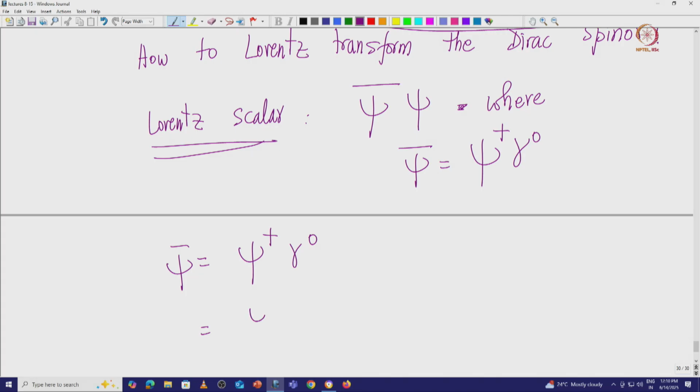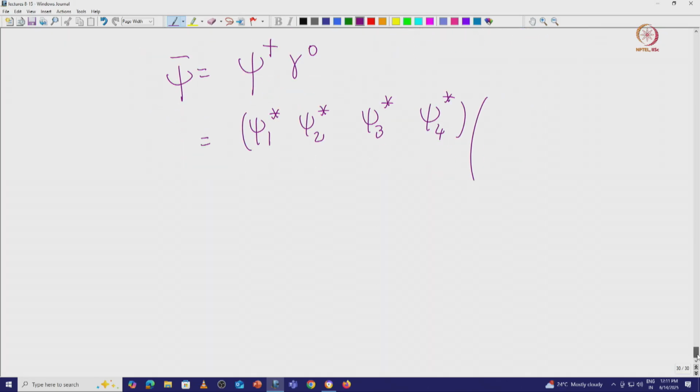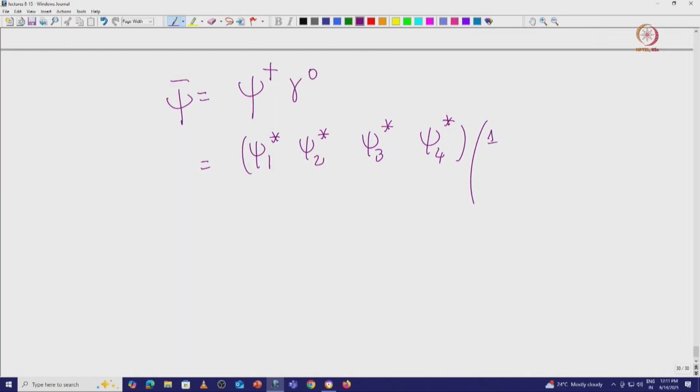So that is equal to psi 1 star, psi 2 star, psi 3 star, psi 4 star, whole into gamma 0, which is nothing but beta, which is the matrix 1 0 0 0, 0 1 0 0, 0 0 minus 1 0, 0 0 0 minus 1, then into psi. Now you can calculate this quantity essentially. So it gives you a minus sign on the other two points.